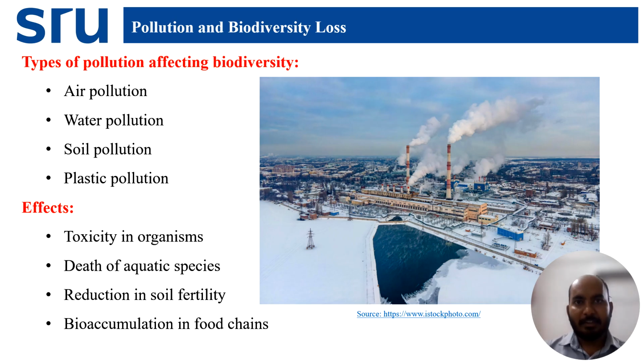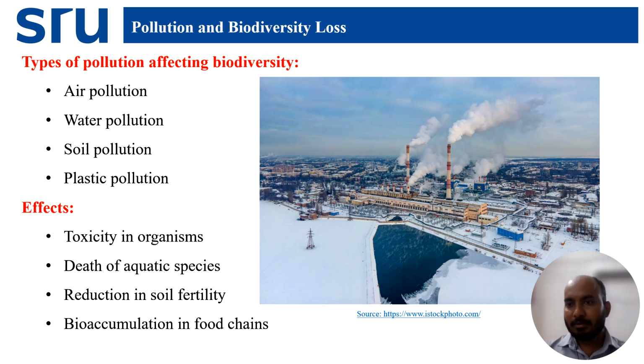So next one is related to pollution and biodiversity loss. There are different types of pollution affecting biodiversity. The first is air pollution, followed by water pollution, soil pollution, and plastic pollution.